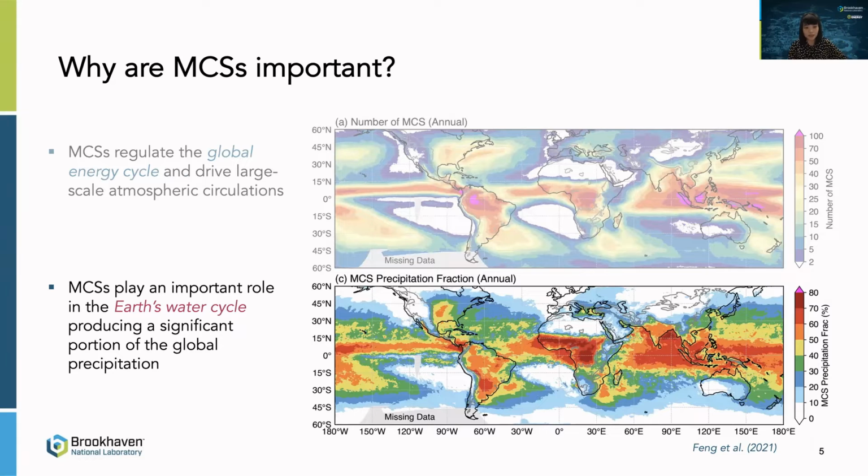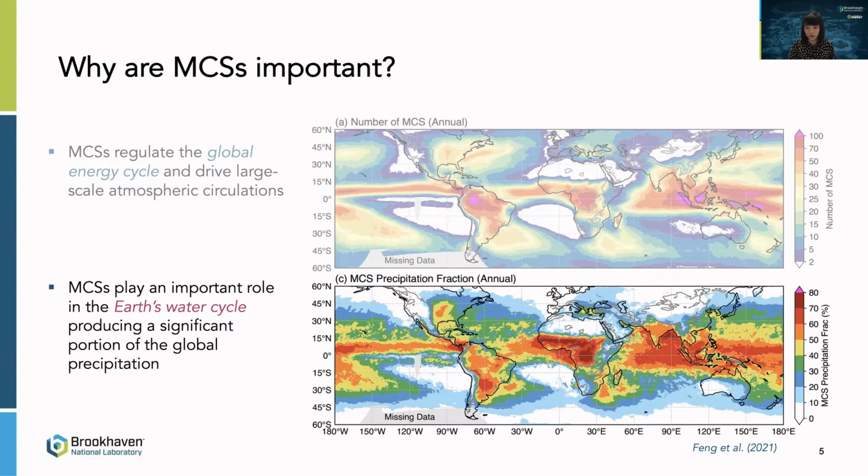Secondly, MCSs play an important role in the Earth's water cycle, producing a significant portion of the global precipitation. As you can see on the bottom panel, this shows you the precipitation fraction that comes from MCSs. And it's not surprising that over the tropical region, MCSs are a major contributor to the annual precipitation.